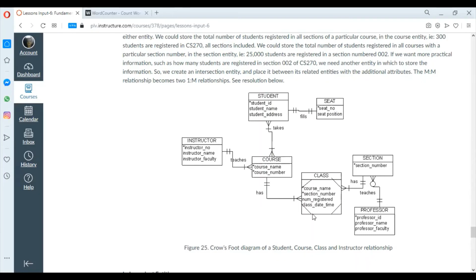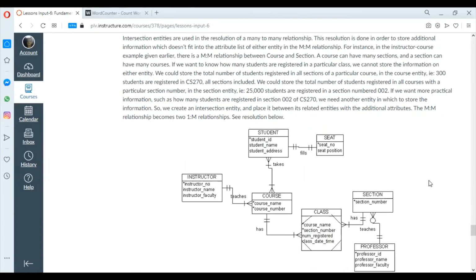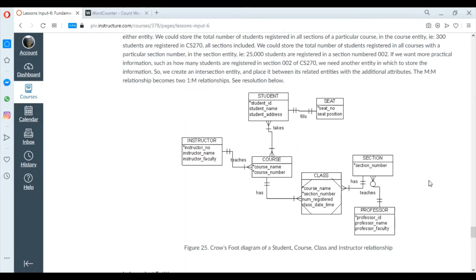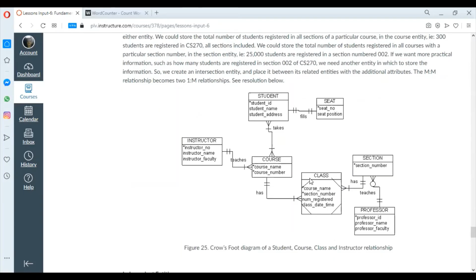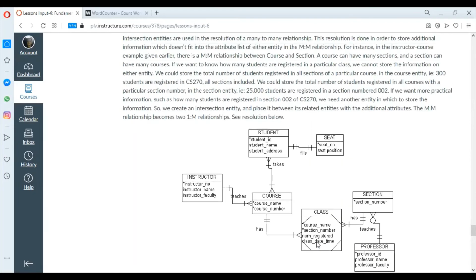That is the symbol for intersection entities. We will not be using this particular type of entity. However, I have included this in order for us to know that there is also this type of entity.